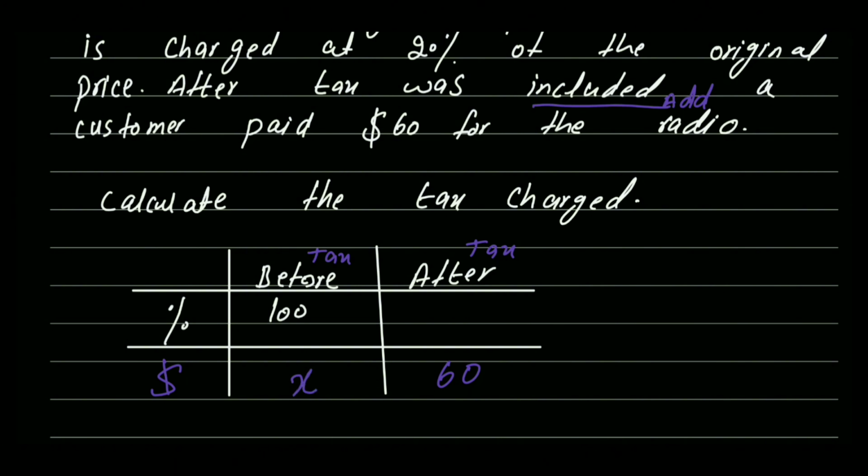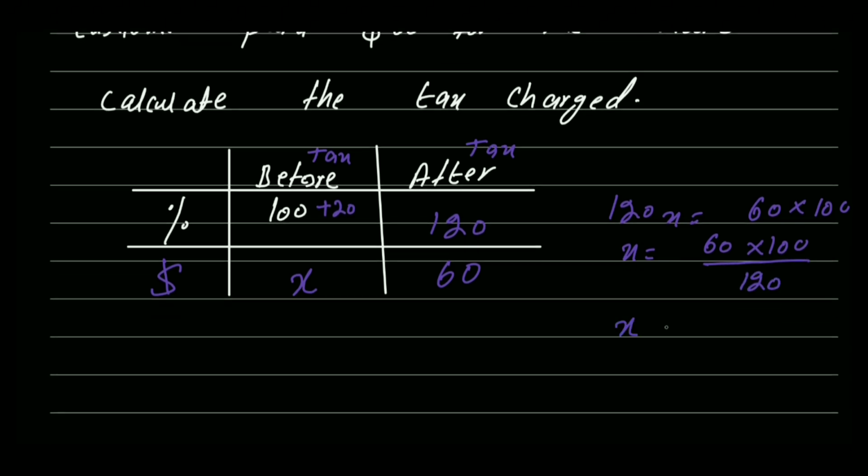And now we have to decide that 20% will be added or subtracted. So as the included word is in the question, it means we have to add 20 in 100, so it will be 120. Now the same method you have to do. 120x is equal to 60 multiplied by 100, x is equal to 60 multiplied by 100 over 120, x is equal to 50.